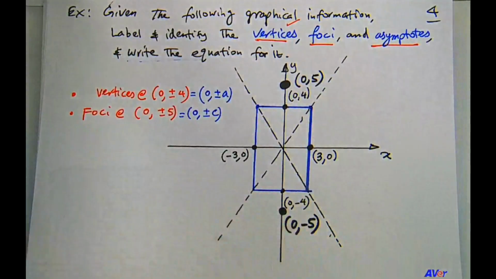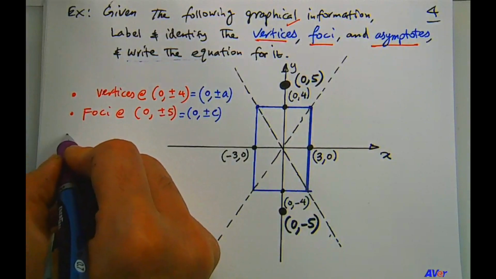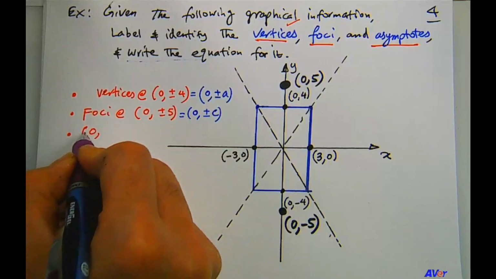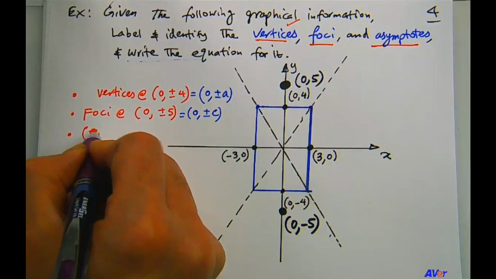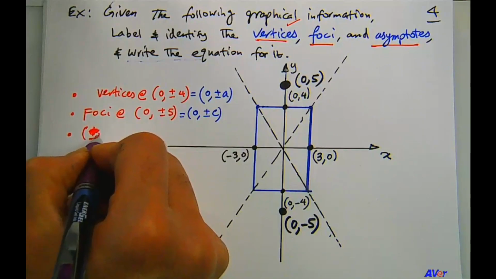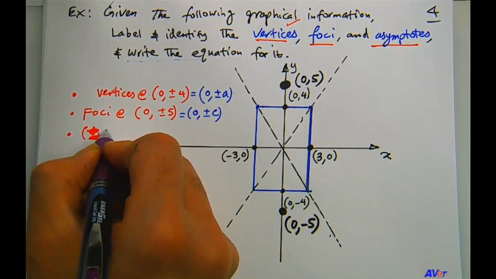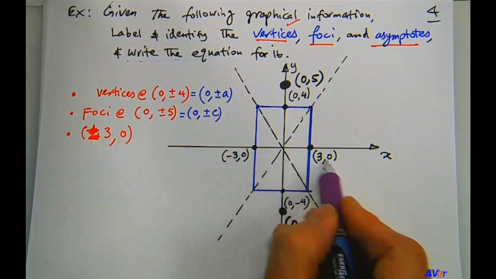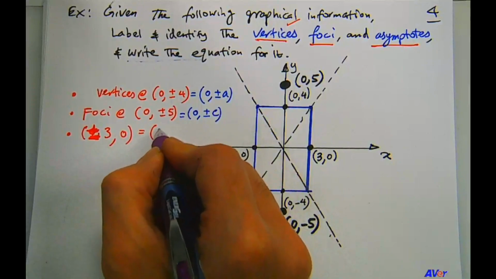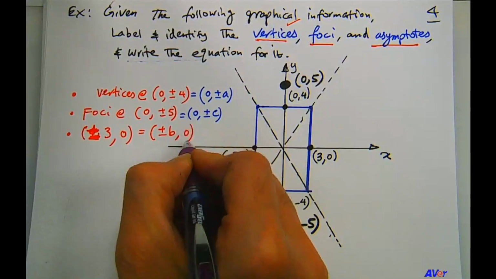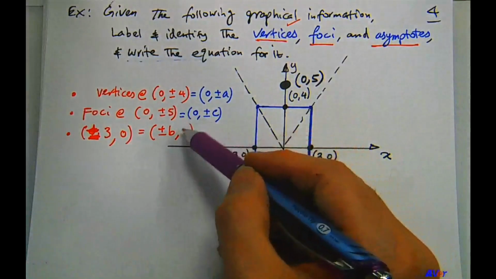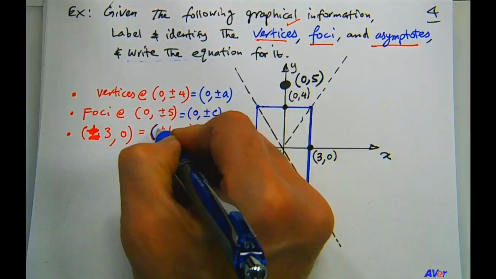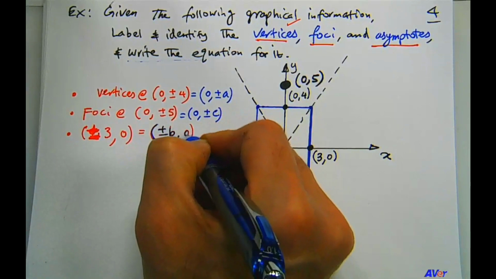So I'll say plus or minus 3, 0. These 2 points are equivalent to plus or minus b, 0. So now we have this labeling of the variables a, b, c.